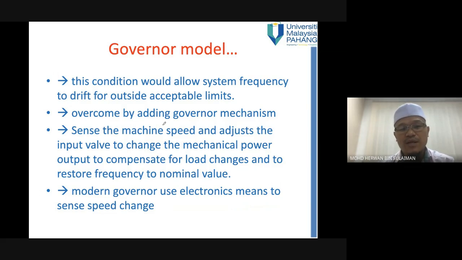And then this is overcome by adding the governor mechanism. So that's why we need to add the governor mechanism, to sense the machine speed and adjust the input valve to change the mechanical power. Okay, and then nowadays TNB or any IPP uses electronics, using sensors.